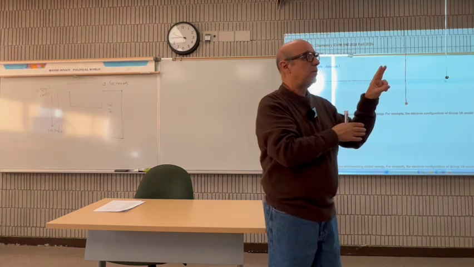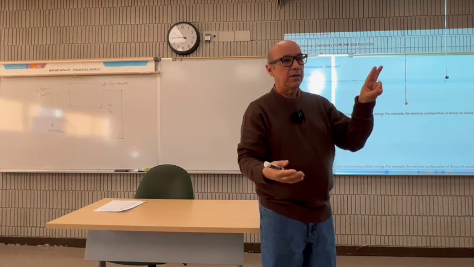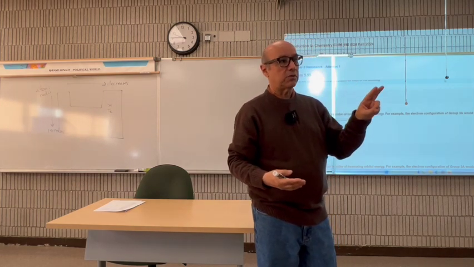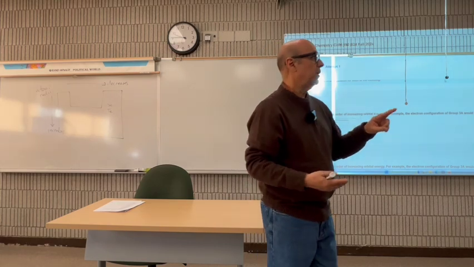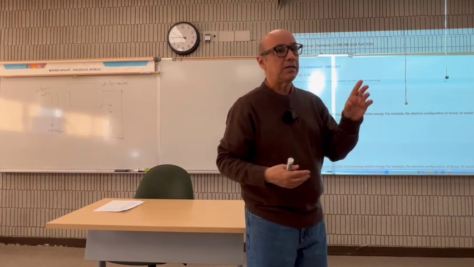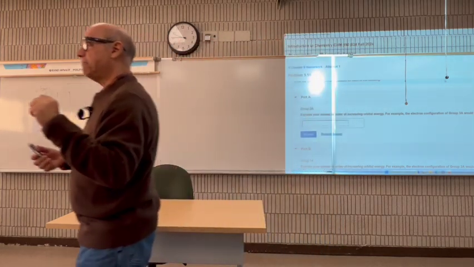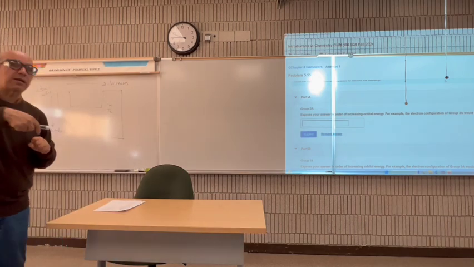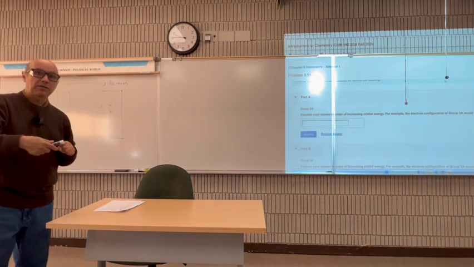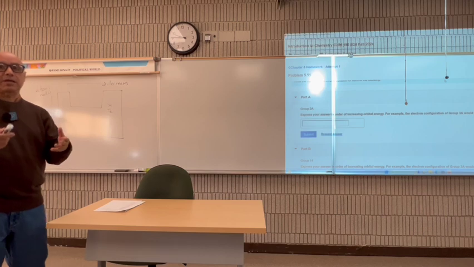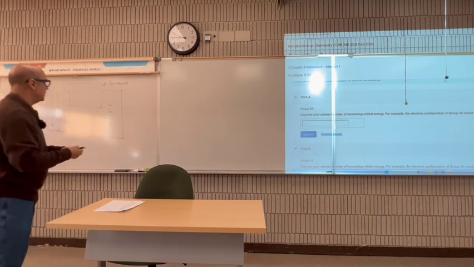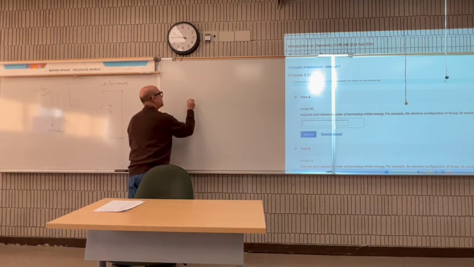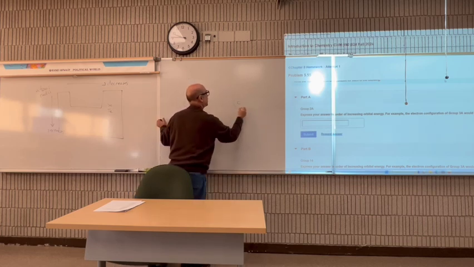Group 1 loses 1 electron, becomes +1. Group 2 loses 2 electrons, becomes +2. Now, what does that mean? It means it has 2 extra electrons on that level that would rather be lost than fill the rest of the circle. So let's take a look at any element in that particular period.